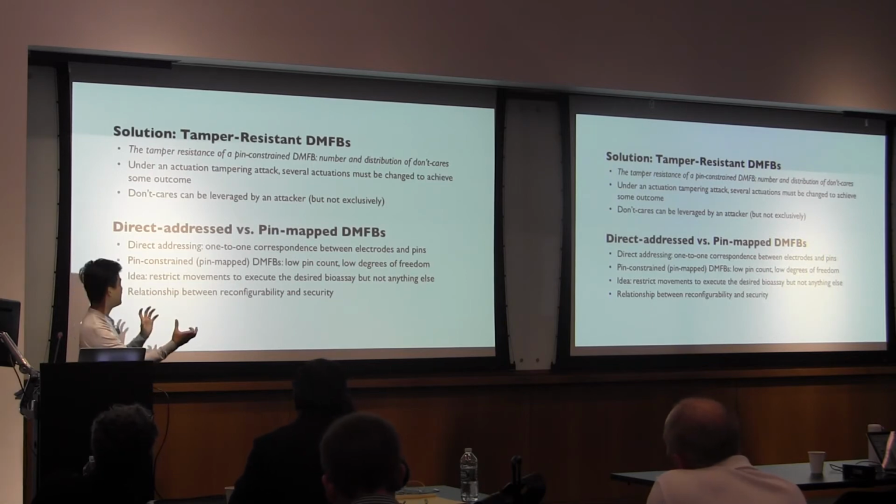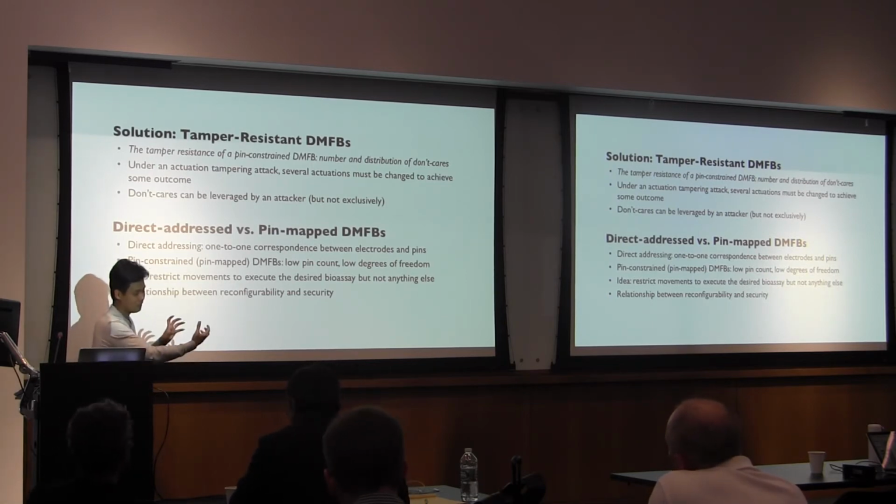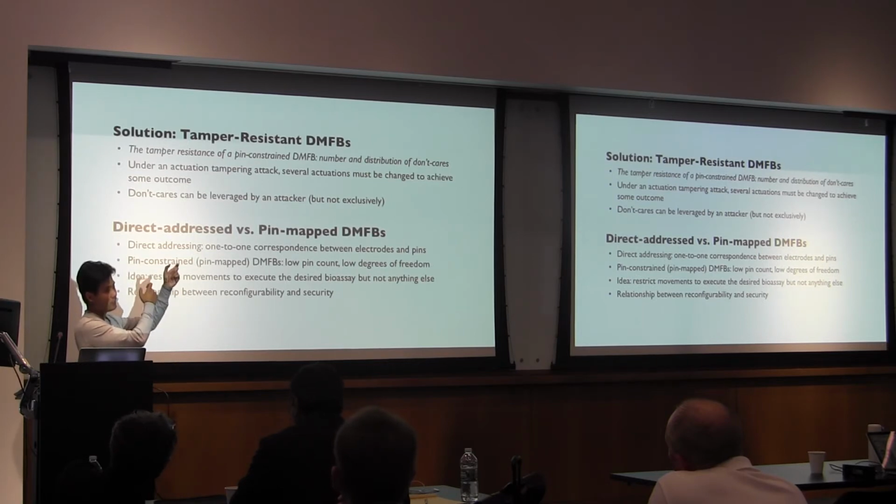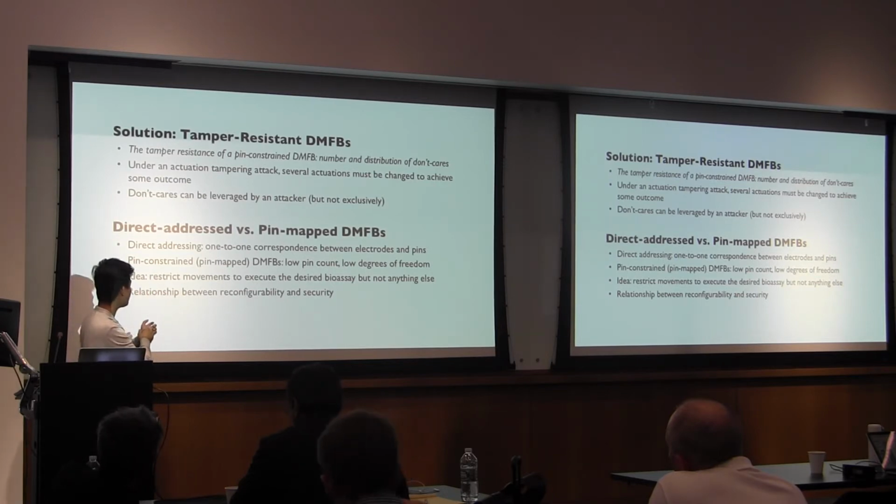In a DMFB, there's this concept of a direct addressed versus a pin mapped addressing scheme. Again, this was also mentioned in the Babies talk: you have all these electrodes, and you can actually group some of them together to send them the same electrical signals as a way to save pin count.